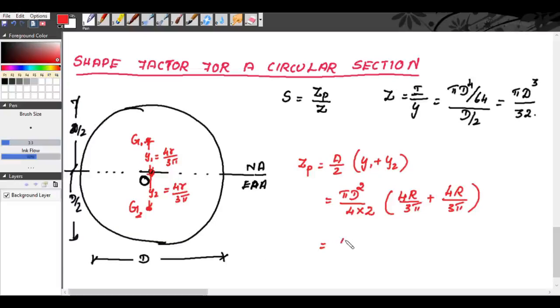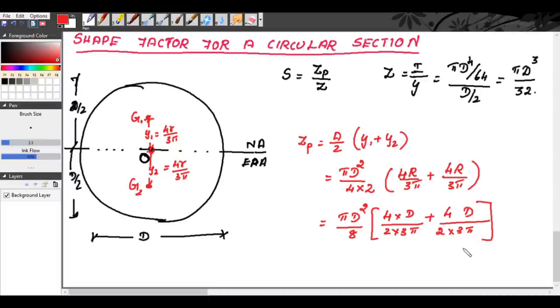So we will substitute pi d square by 8 into 4r. R means d by 2, right? 4 into d by 2 into 3 pi plus 4 into d by 2 into 3 pi. So we get Zp, the plastic section modulus, is equal to d cube by 6.